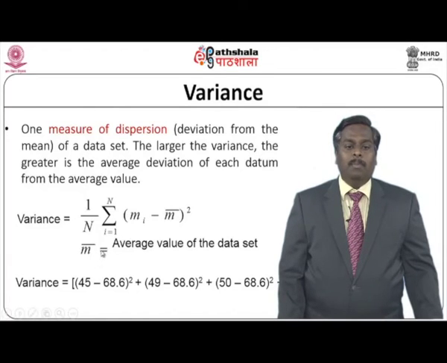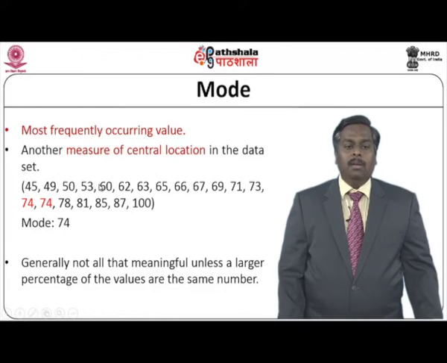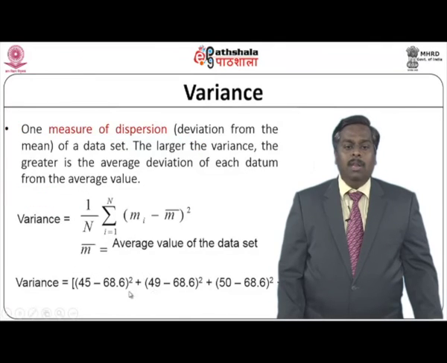For example, for the previous data set, we can compute the mean. The mean is going to be 68.6, which we have discussed earlier. Now, take each and every data point from the data set. For example, 45 is one data point, subtract the mean from it. The second data point is 49, compute the difference of 49 with respect to the mean and so on. There are 20 values.